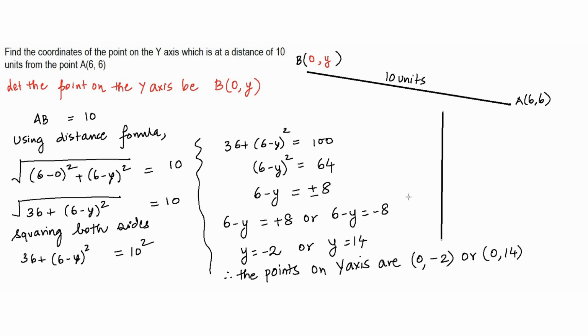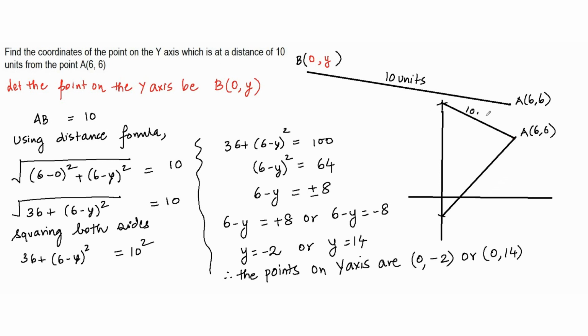So just to show you graphically, what it means is the point A is (6, 6), which is located in the first quadrant. This is where the point A is located, and the distance of this particular point from the y-axis is given as 10 units. So what I would do is I would take a compass and draw two arcs of 10 centimeters intersecting the y-axis, and I find that these are the 2 points where the distance between the point A and the y-axis is equal to 10 units.